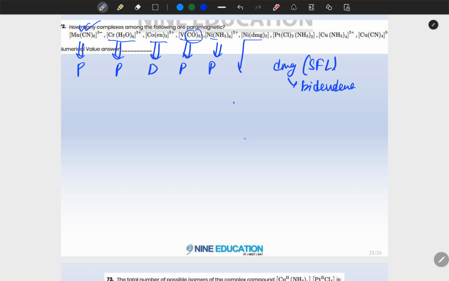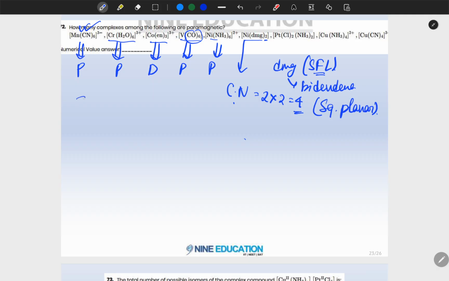So what is the coordination number of nickel over here? Coordination number equals denticity of the ligand, 2, into number of ligands. Clearly we are able to see there are 2 dimethylglyoxime ligands over here, so coordination number is 4. Also there is a strong field ligand, so obviously the resulting complex will have square planar geometry.